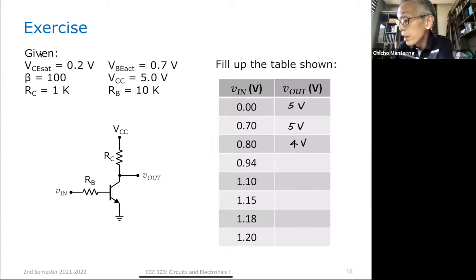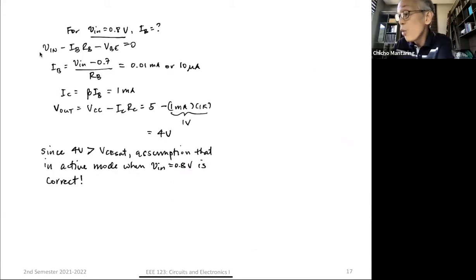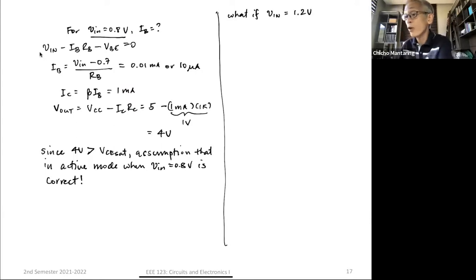Now I want to go to the case where Vin is equal to 1.2 volts. Let's take a look at this. So what if Vin is equal to 1.2 volts?